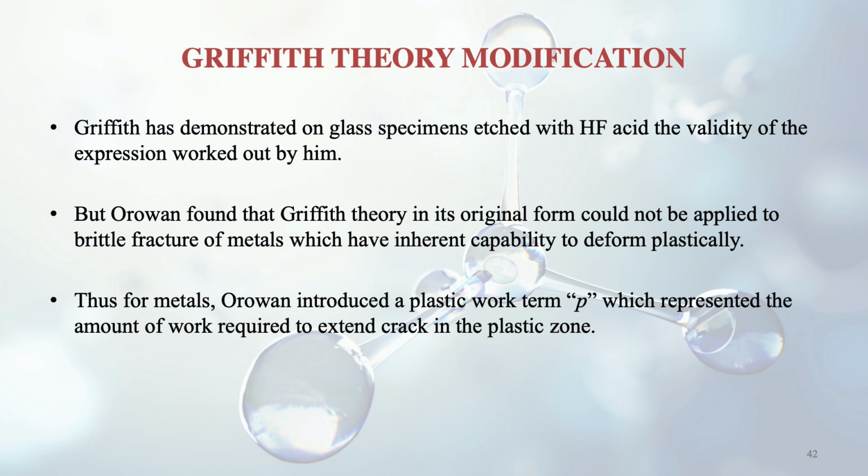Thus for metals, Orowan introduced a plastic work term P, which represented the amount of work required to extend the crack in the plastic zone. So that means earlier we were taking the material to be completely brittle, but even in brittle fracture, some amount of plasticity is there. That's why Orowan took that plastic work term as P, which Griffith hadn't taken, so there will be a modification.